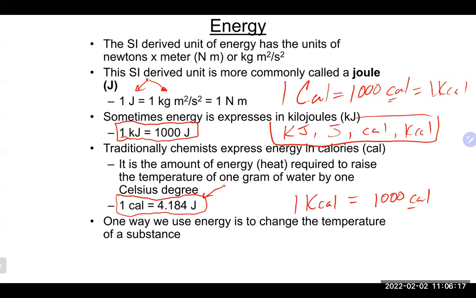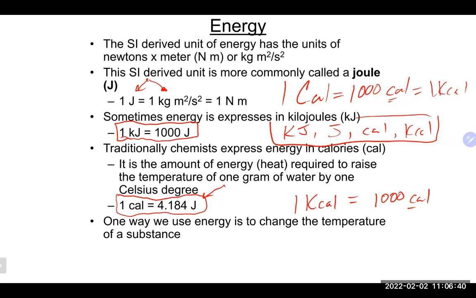Obviously, one way that we could use energy is to change the temperature of a substance. If something is gaining a lot of energy, we would be able to recognize that by watching the temperature of that substance go up. So if something absorbs energy, we should be able to recognize that as the temperature increases.